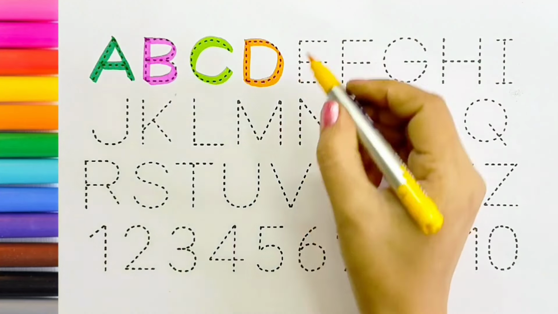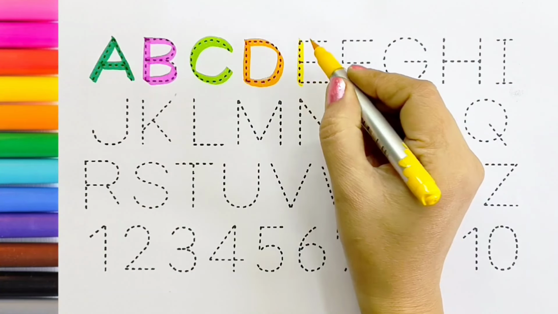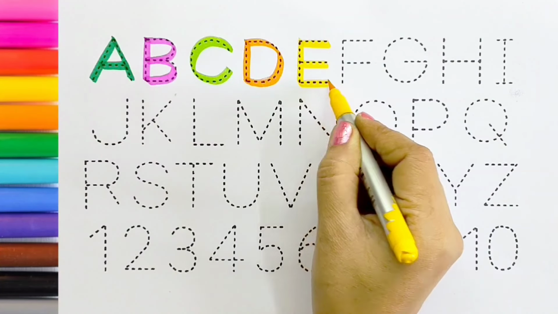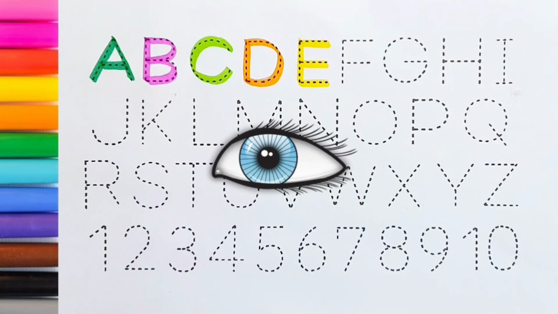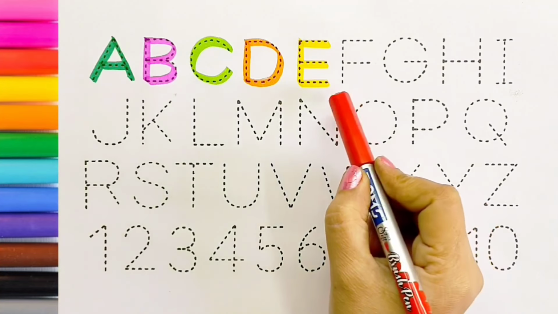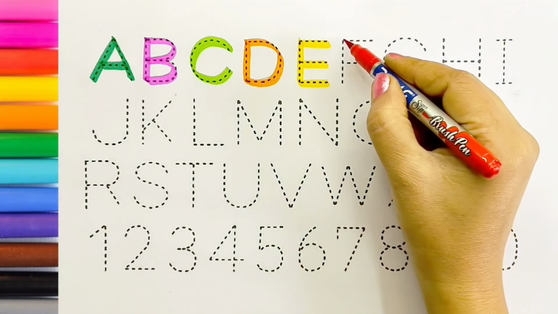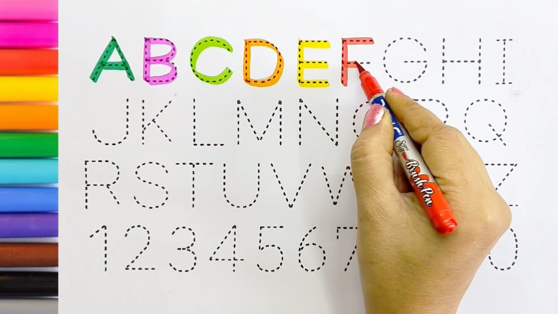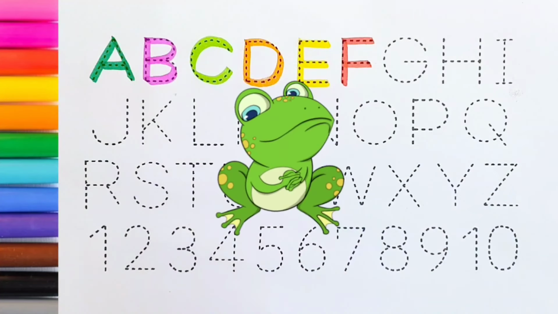Yellow color E. E for eye. Red color F. F for frog.